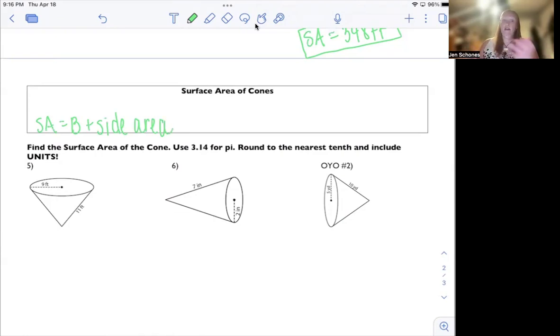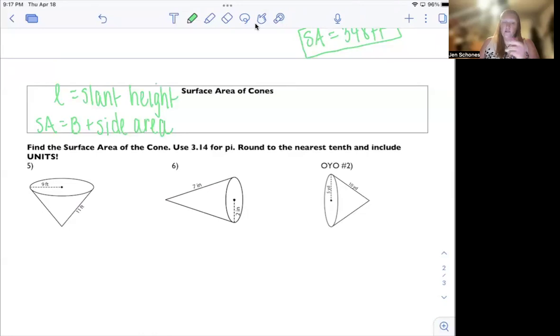Just like with circles and determining where pi came from, 3.14, on and on, they found out that there's a relationship every time to find the surface area. And they brought back in that little L I was talking about earlier. Remember that L means the slant height. I'll talk about that in just a sec. Slant height is exactly what it says. It's the height of the slant.